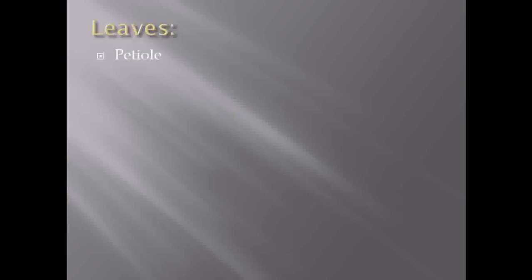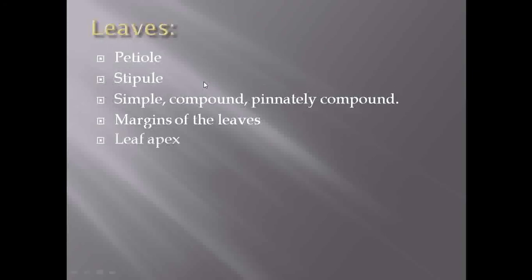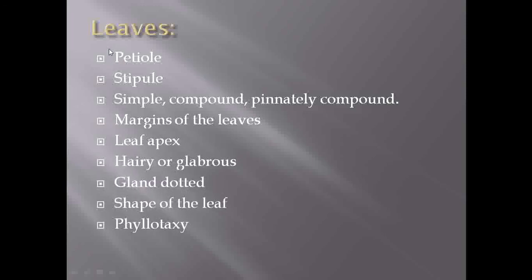Then next we see the next character which comes under the vegetative character, that is the leaves. Whenever we are going to describe the leaves, first we have to describe whether they have a stalk. If the stalk is present on the leaf, then it is called petiolate, and if the stalk is absent, it is called sessile.